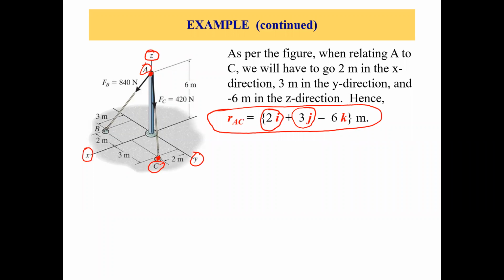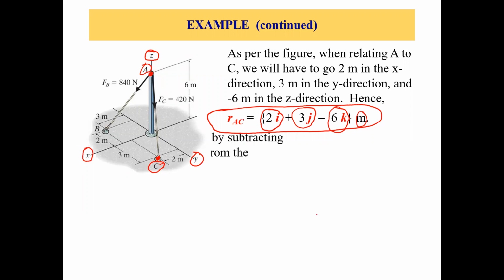And Z A is 6, in the positive Z direction, so it's positive 6. So Z C minus Z A gives us 0 minus 6, so we get negative 6 times K, and of course the unit of meters. So that's how we found the position vector R sub AC.